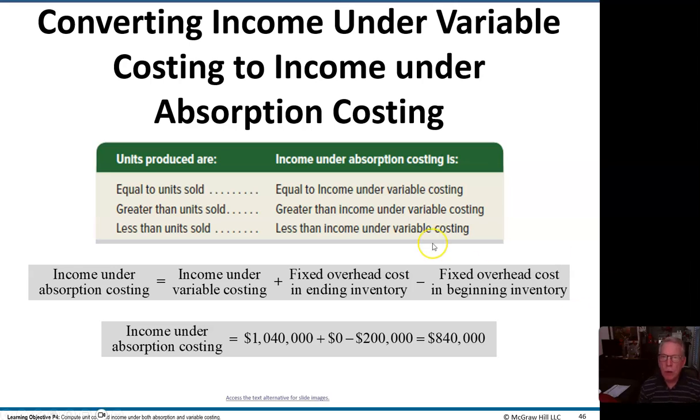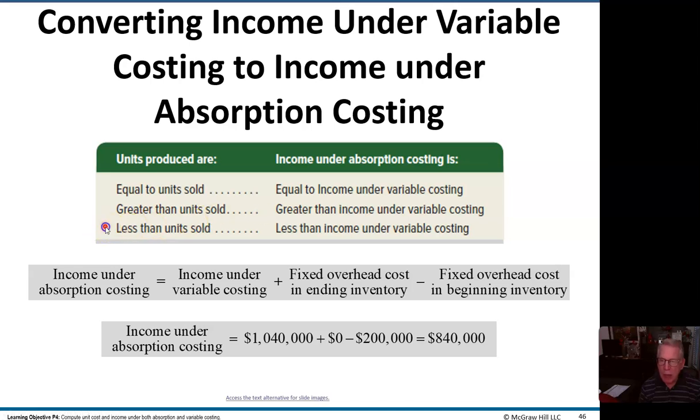All right. So if we convert income under variable costing to income under absorption costing, if the units produced are equal to the units sold, then there will be no difference between variable costing and absorption costing. But if we produce more, we're going to have greater income under absorption costing.